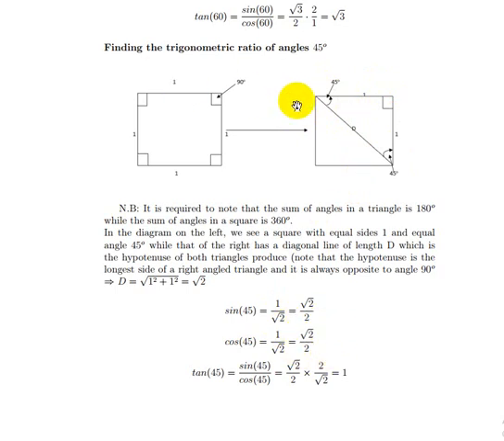So this is the cosine and sine. Now the tangent is opposite all over adjacent. Opposite here is 1, adjacent here is 1. So the tangent of 45 gives you 1. You can still see tangent equals sine of 45 all over cosine of 45, and you still have it.